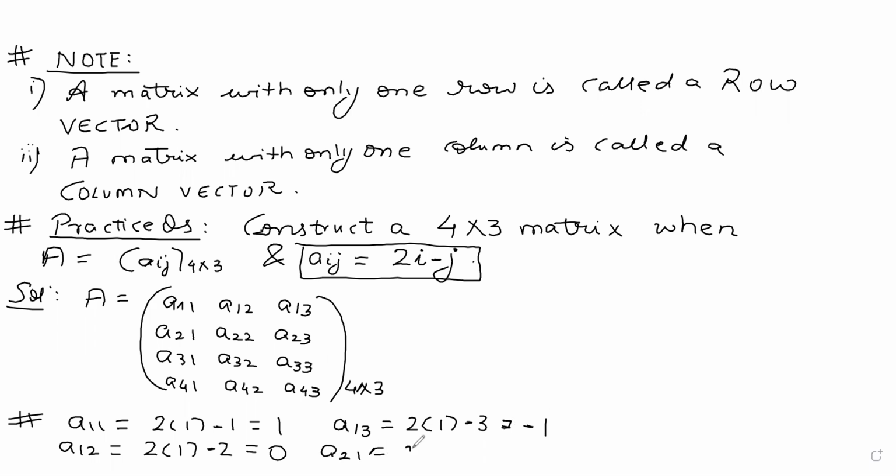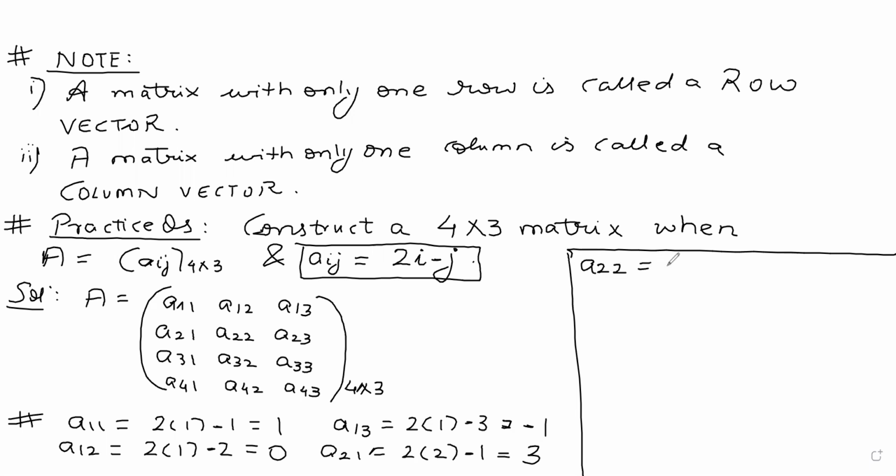A21 will be 2 into 2 minus 1, which is 3. Okay, and then I can calculate further elements on the right hand side of the screen. A22 will be 2 times 2 minus 2, which is 2. A23 will be 2 times 2 minus 3.